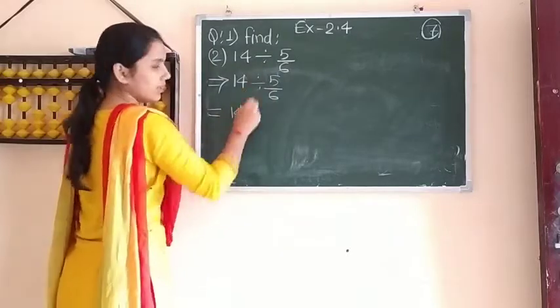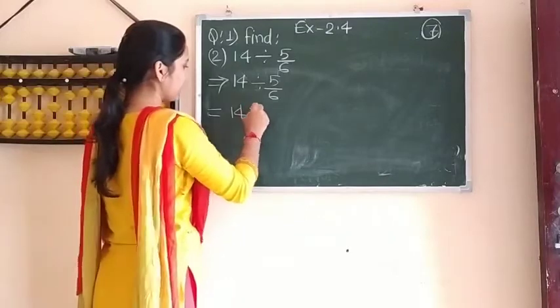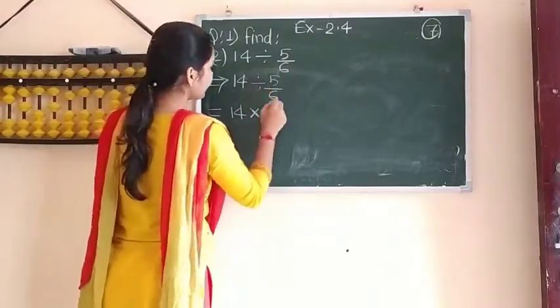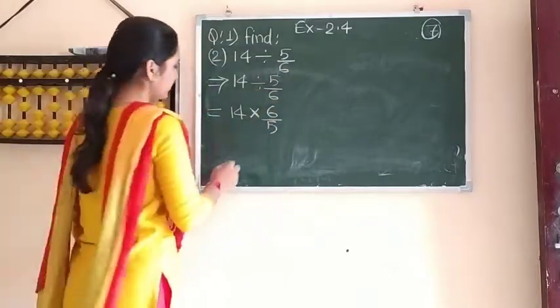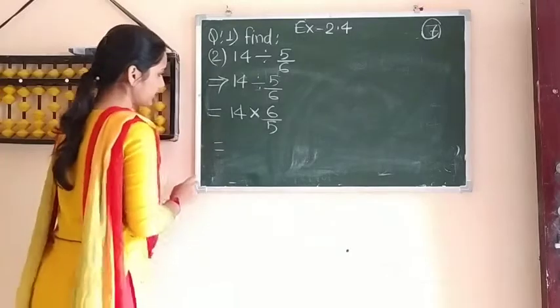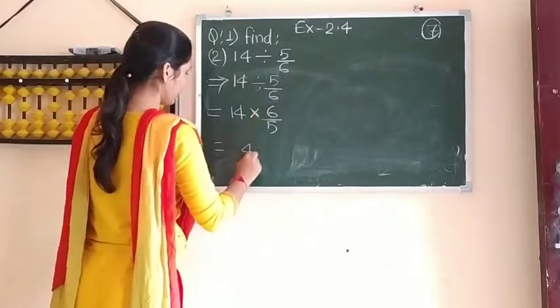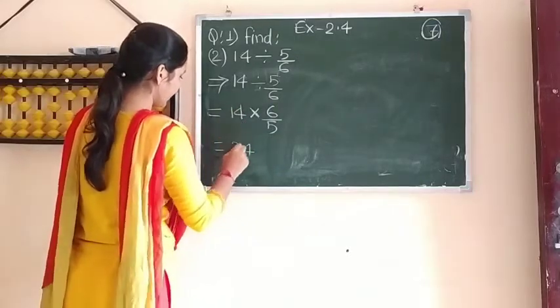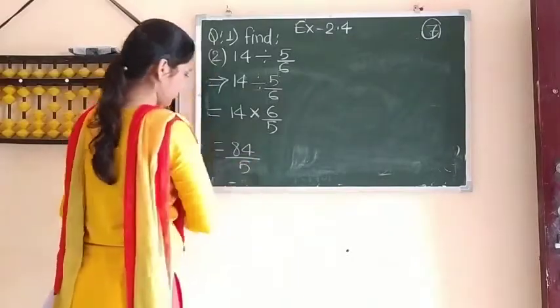As I told you, write here multiplication sign, but at the same time make the reciprocal of this fraction. What will become? 5 by 6 का reciprocal आएगा 6 by 5. Now solve this further. 14 into 6. 6 4s are 24, 2 to carry. 6 1s are 6 plus 2, 84. Okay. And now divided by 5.